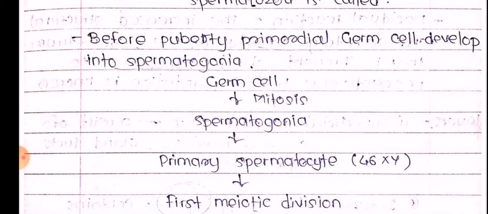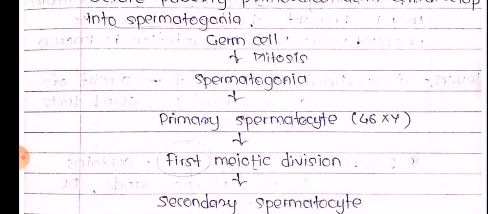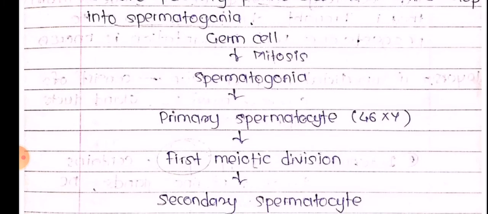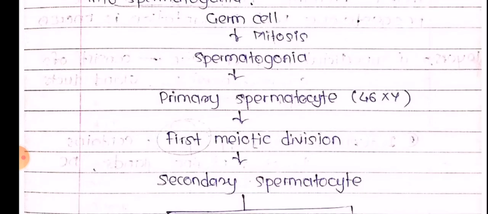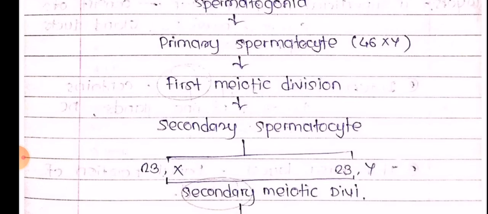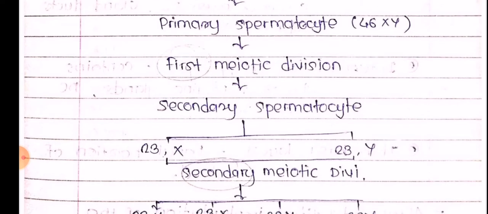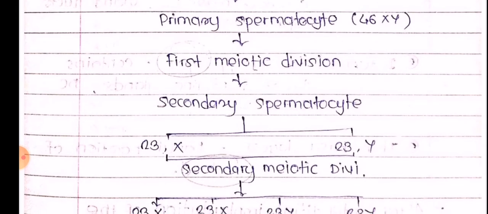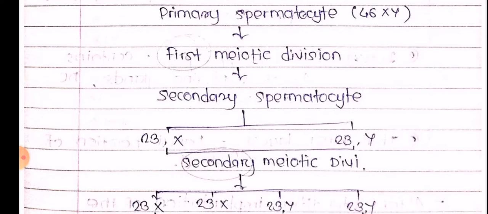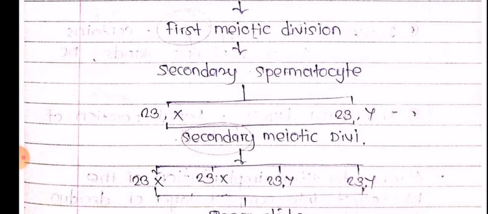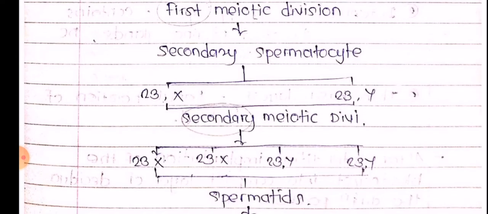We again have a flowchart of this, wherein the germ cells undergo mitosis to form the spermatogonia, which by further division lead to the primary spermatocyte, which is 46XY. The primary spermatocyte undergoes the first meiotic division, giving rise to secondary spermatocytes, which are 23X and 23Y.